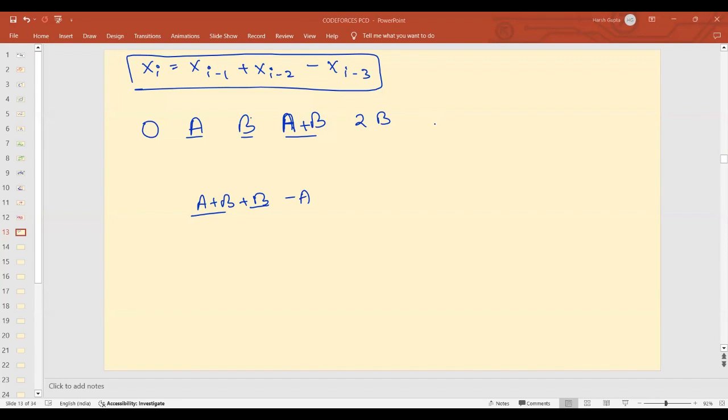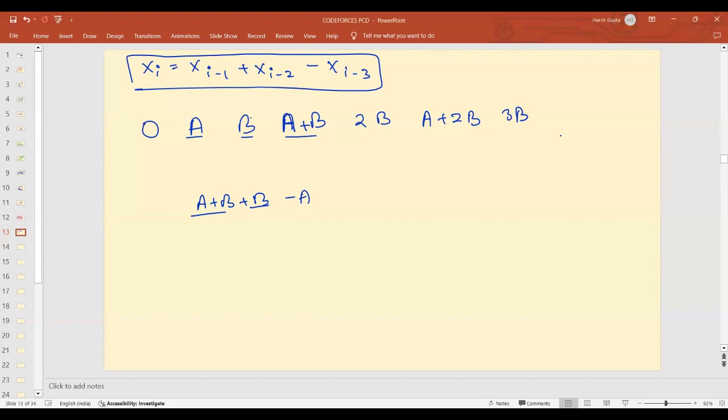What will be this number? A plus 2B. Great. What will be this number? 3B. Great.